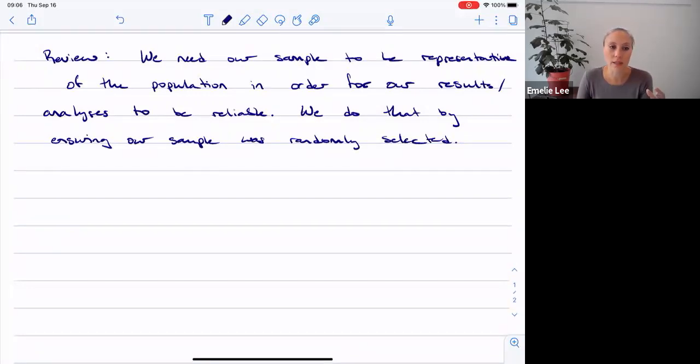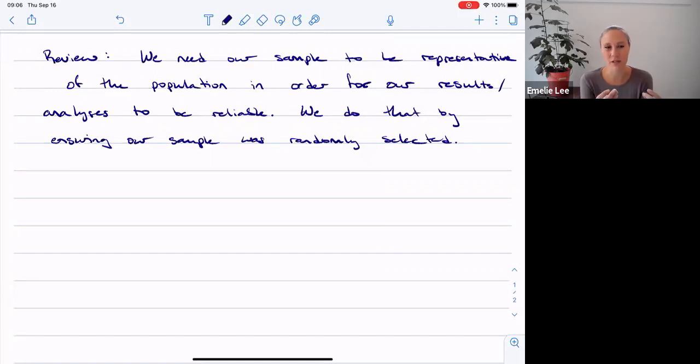We could go a little bit fancier and talk about maybe we use a stratified random sample, or maybe we use a cluster sample, and we talked about those differences, even a multi-stage sample. But typically we would just use a simple random sample where we just take a random sample from the population, and that ensures that it's representative of the population. Okay. So that's kind of the main takeaway from last day.